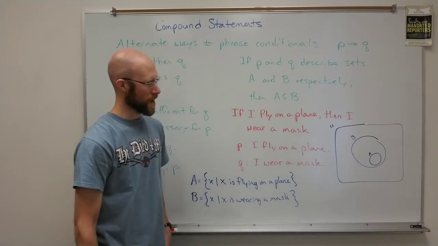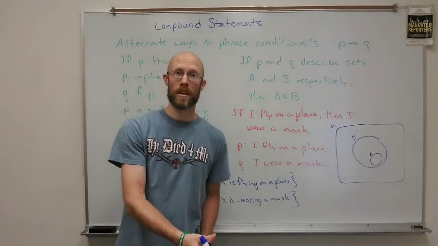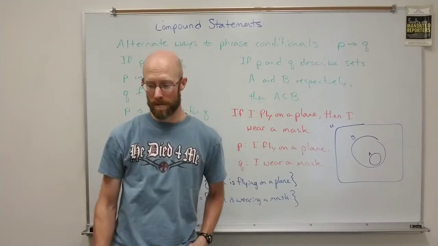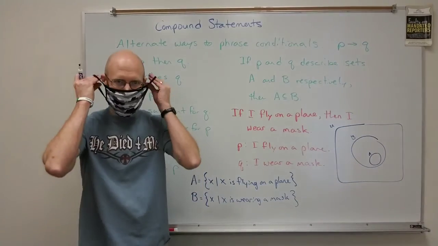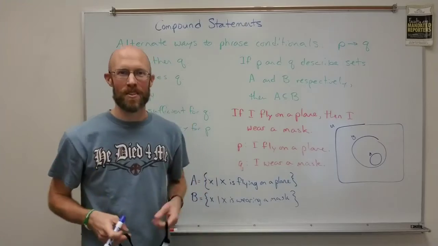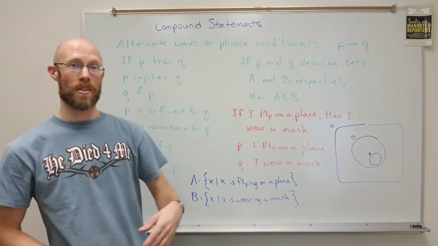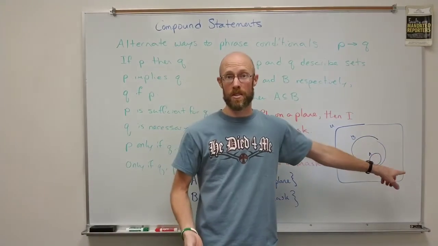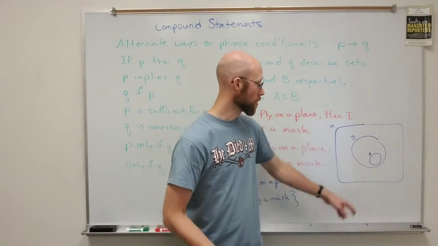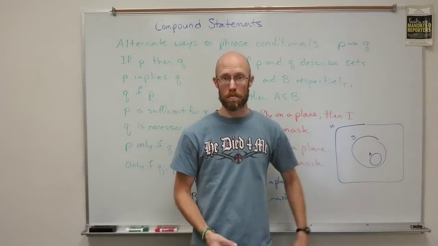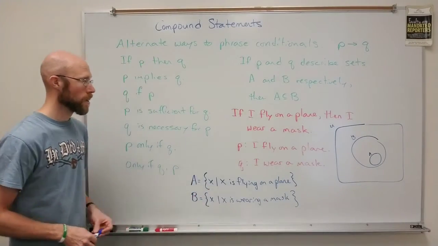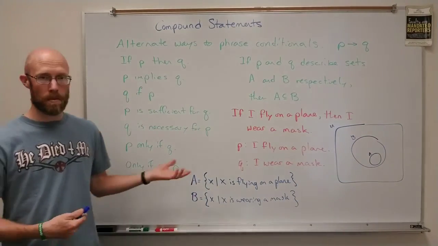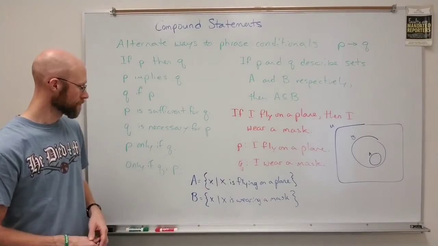So the ones wearing a mask would include the ones in a plane, but they'd also include other people, like myself right now, right? So you can see how there are going to be elements of B that are not necessarily in A, but all of A must be in B. Okay. So you have this subset idea, pretty obviously.